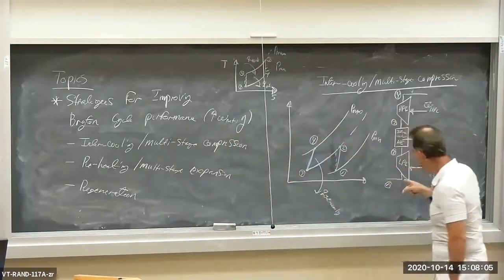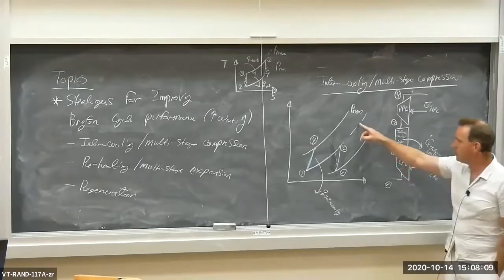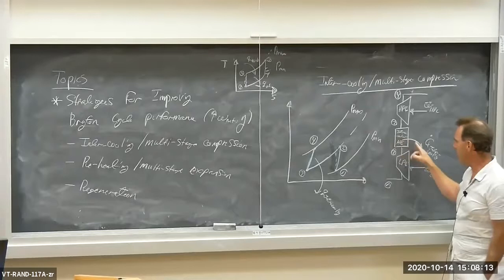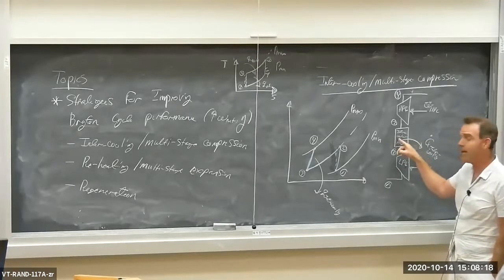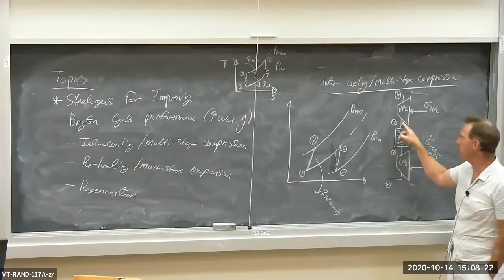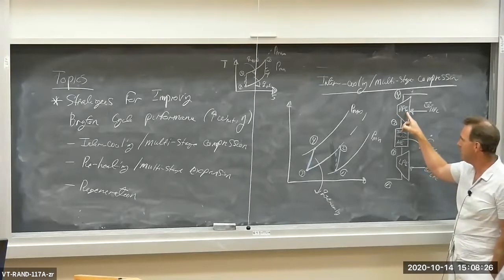So the air goes into a low pressure compressor. It gets pumped up to an intermediate pressure. Then we reject some of the heat. We cool the air down through an intercooler. And then we complete the compression process in the second, or high pressure, compressor.